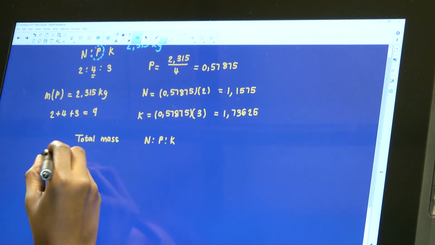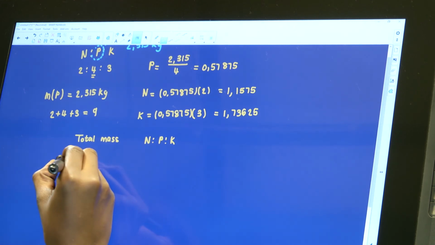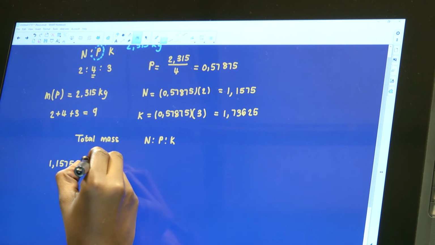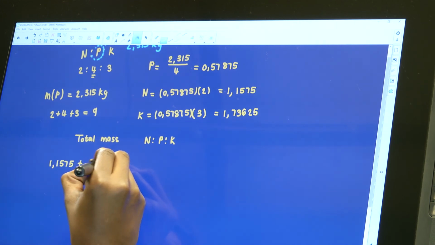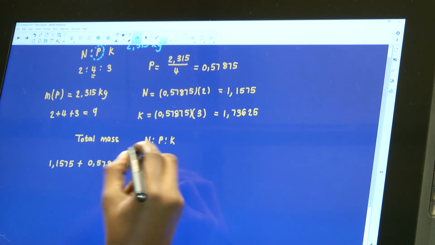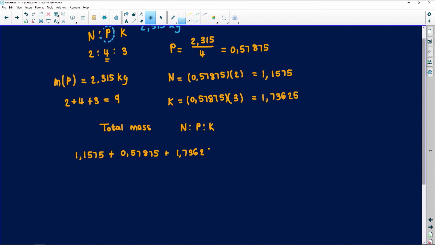So my N was 1.1575 plus my P was 0.57875 plus my K was 1.73625. Let's see what we get there.